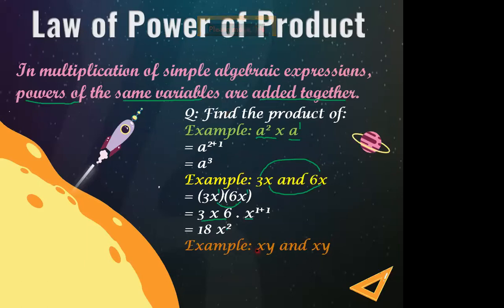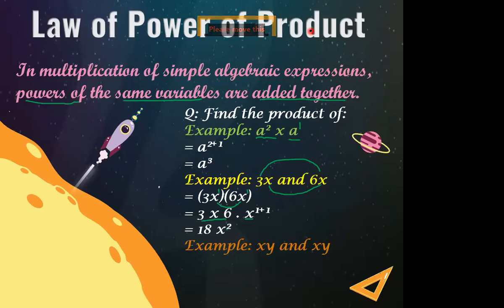Here again you can see the coefficient. If I am going to talk about what the coefficient is here, can anyone tell me what the coefficient will be here? Coefficient is the number. Is there any number here? x, y are variables, beta. What is the coefficient? No coefficient.